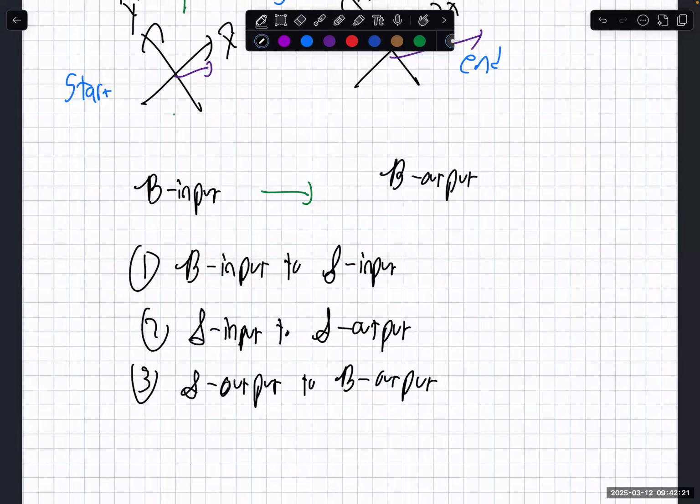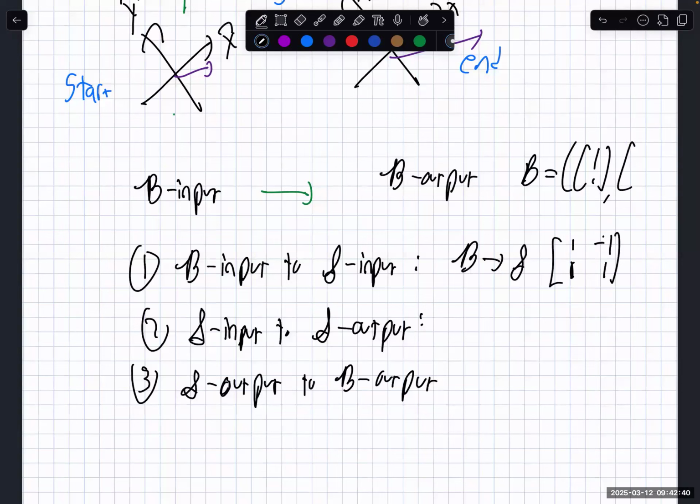Okay. Remember, we've got a matrix that takes B coordinates to S coordinates. So remember, our B basis is this. There's the matrix that does it.